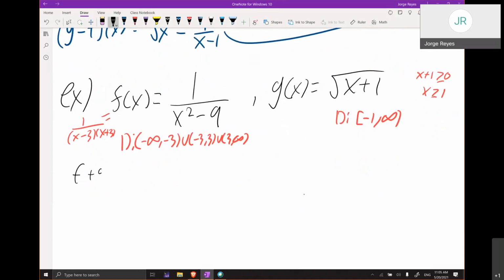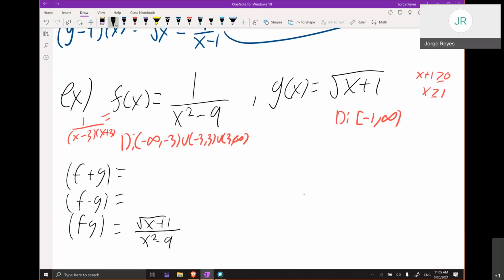The first three operations, again, not hard. f plus g, you just kind of do them. So here's x plus 1 and x squared minus 9. Here's this thing with a minus sign in the middle, and then here's this thing with a plus sign in the middle.